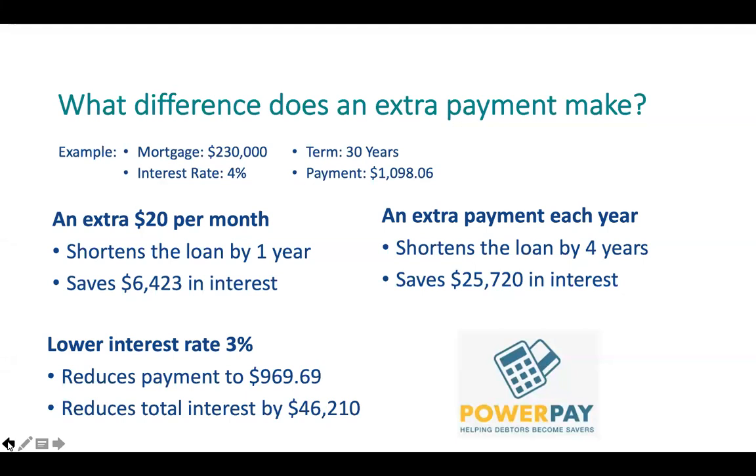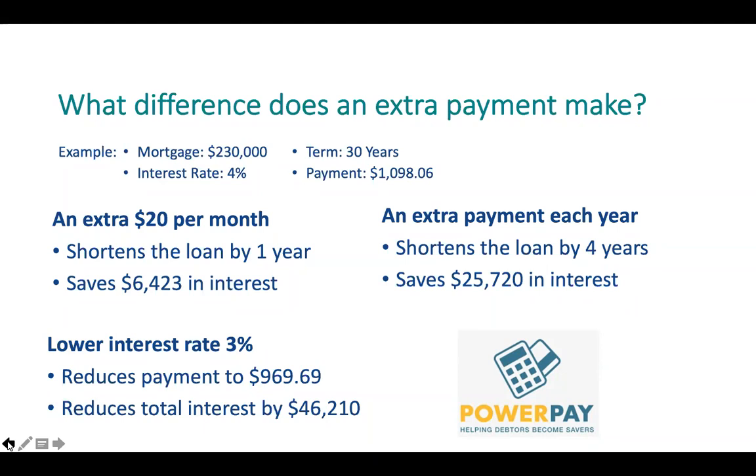Okay, you could also receive a lower interest rate. So this gives you a good motivation to either refinance or to shop for rates, because interest rates matter. If we did this same loan, same term, but we chose a 3% interest rate, our payment would be $969. And that lower interest rate would save a total interest of $46,210.